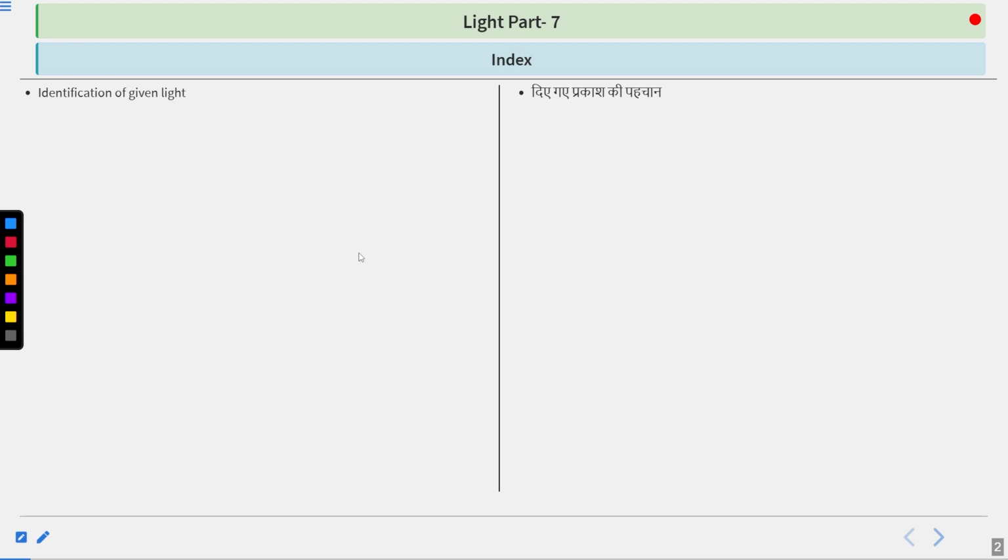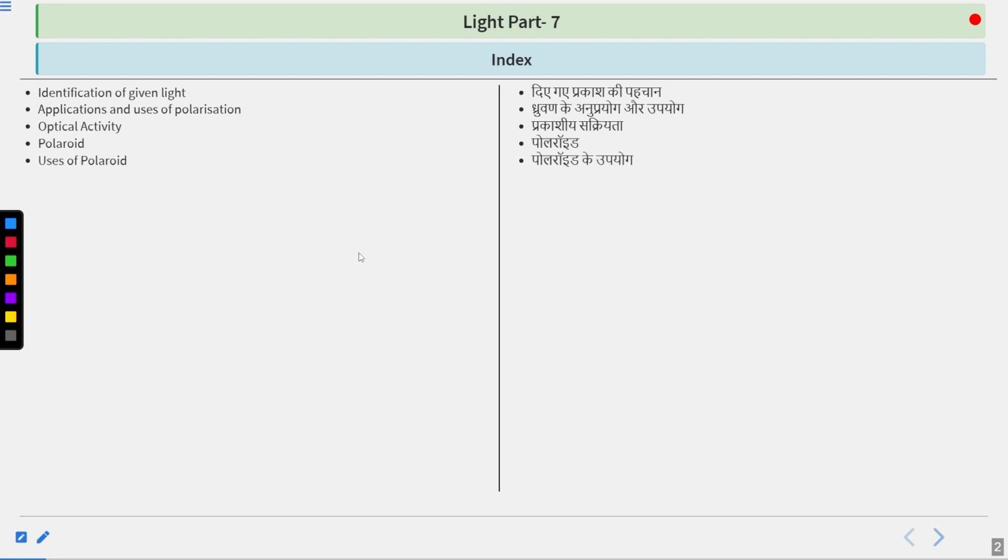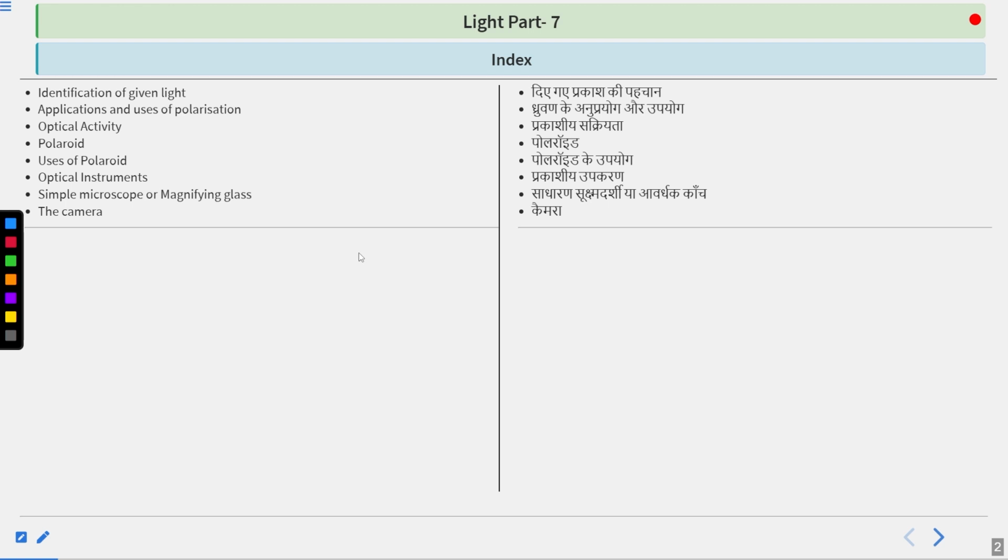We will see the identification of given light, application and uses of polarization, optical activity, Polaroid, uses of Polaroid, optical instruments, simple microscope or magnifying glass, the camera.